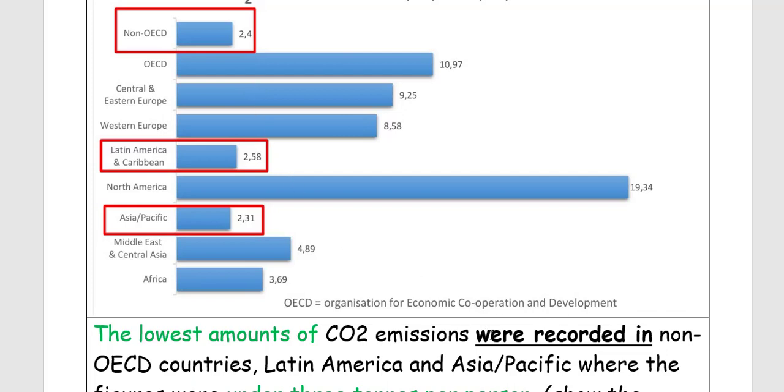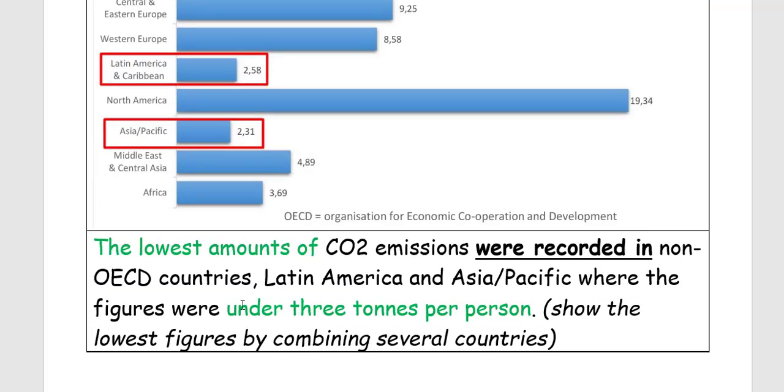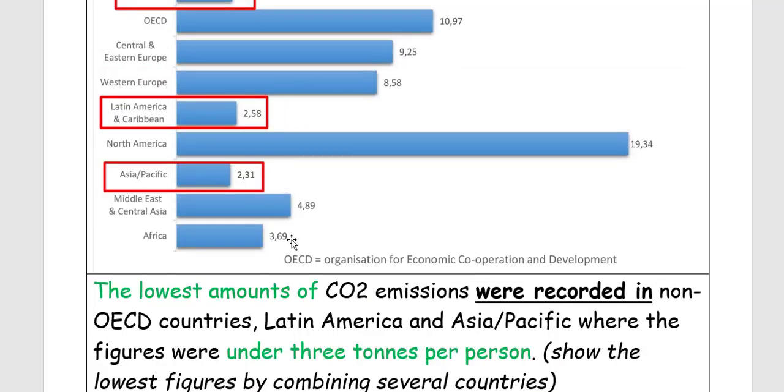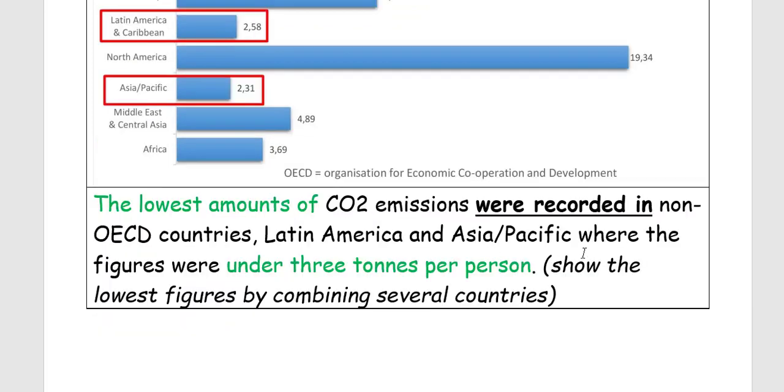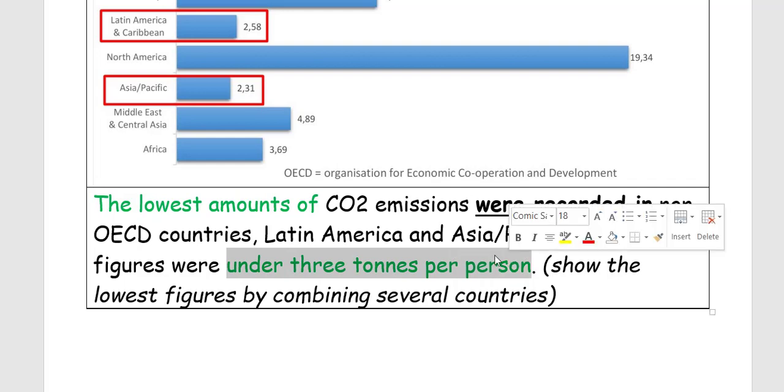So instead of writing produced, you can just write were recorded. So here, the lowest amounts, again, lower, the lowest, were recorded in, and then be very specific with the countries, okay? And then where the figures were under 3 tons per person.